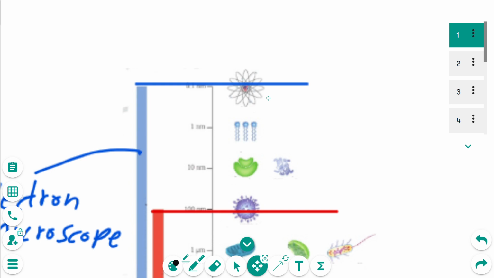The first thing that we have here is an individual atom, and you can only see these using electron microscopes. An atom is the smallest non-breakable object in the universe, basically. Obviously you can break it down into protons and neutrons, but we'll get to that in chemistry.